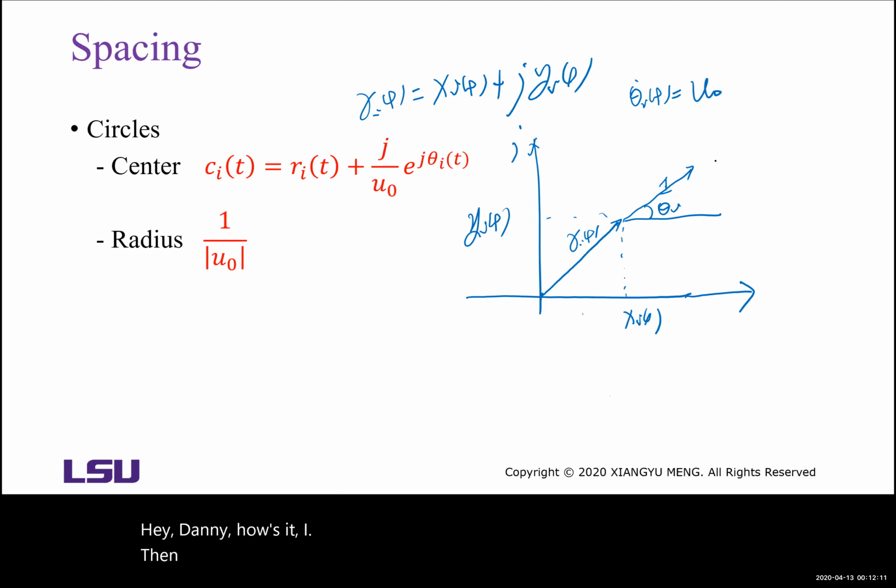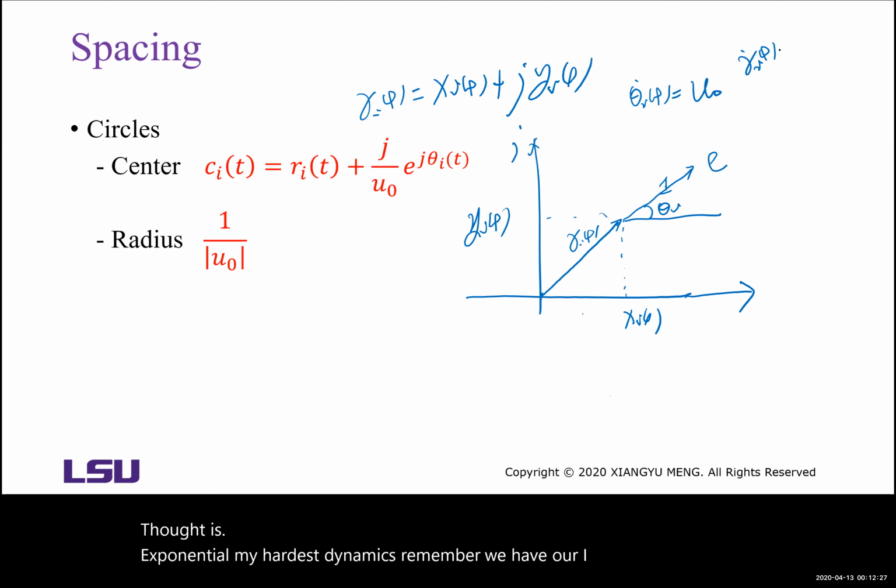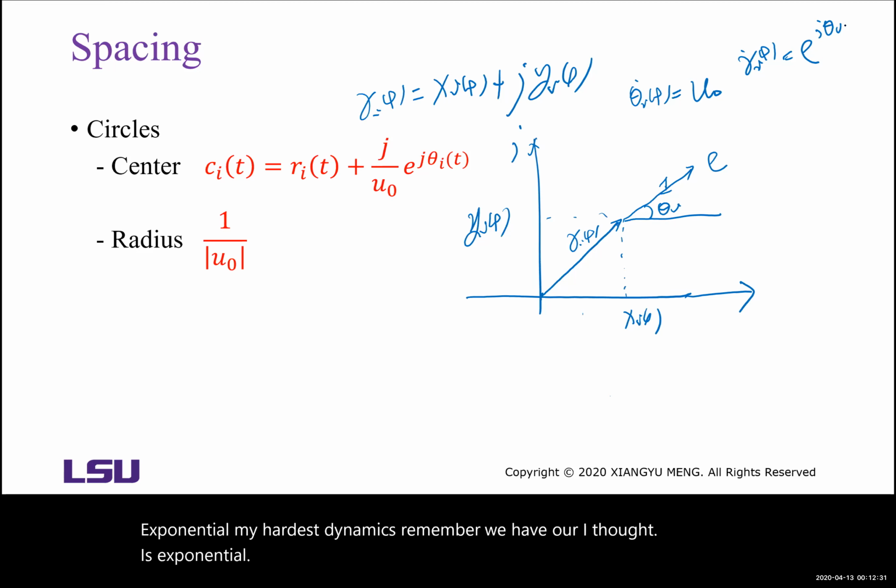So this one is the r dot. We have these dynamics: remember, we have ri dot is exponential j θi. That should be the r dot, where the r is going to be.